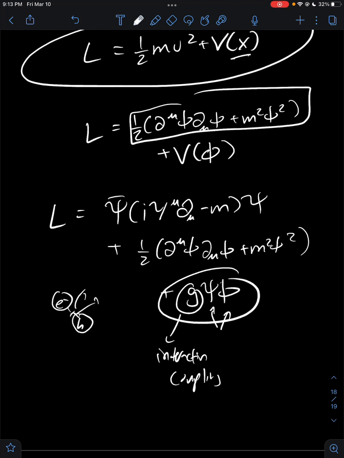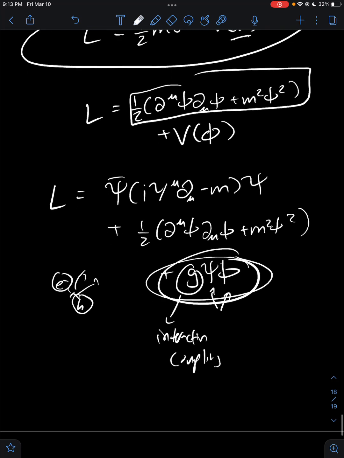And if we were to put this into the Euler-Lagrange equations, we would have coupled equations of motion, where the spinor field will depend on the scalar field, and likewise. So since they depend on each other, they are now interacting with each other.